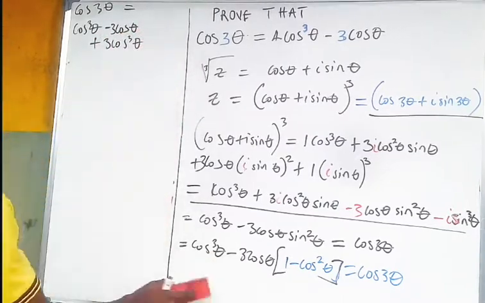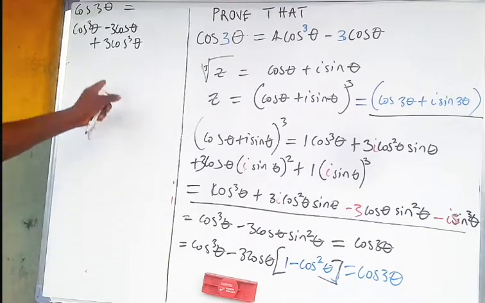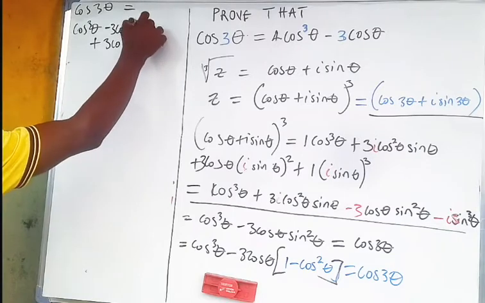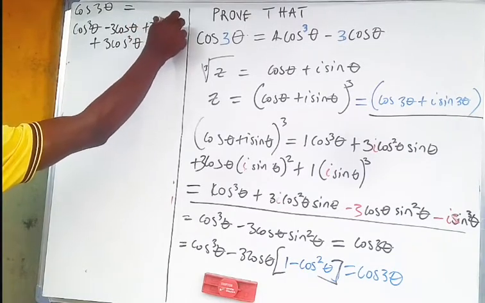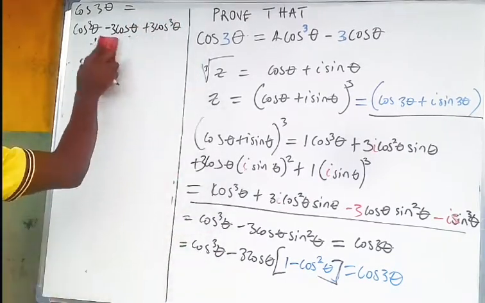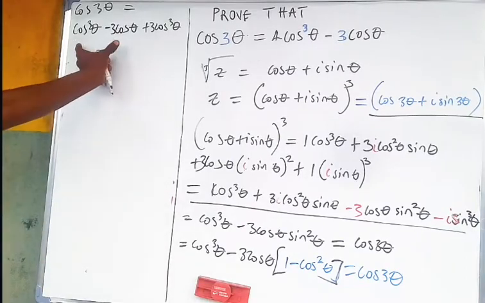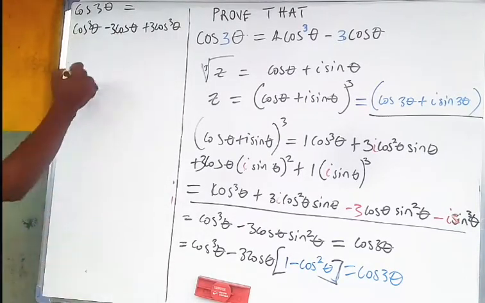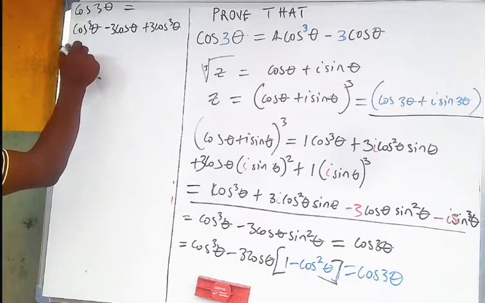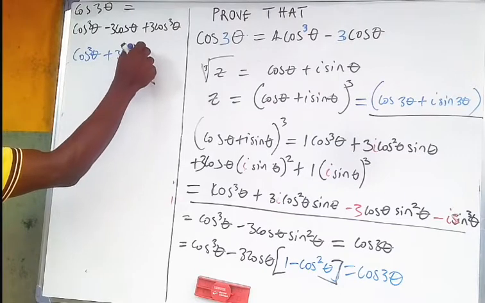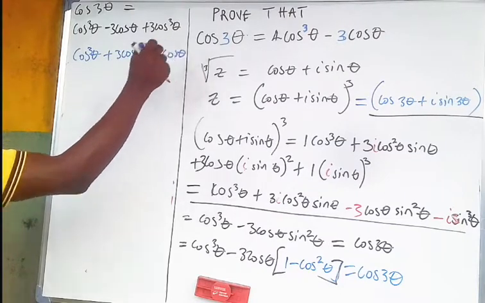Now, from here, we see something. We can group this together as cosine cube theta plus 3 cosine cube theta minus 3 cosine theta.